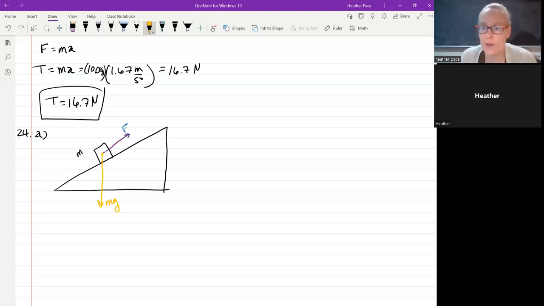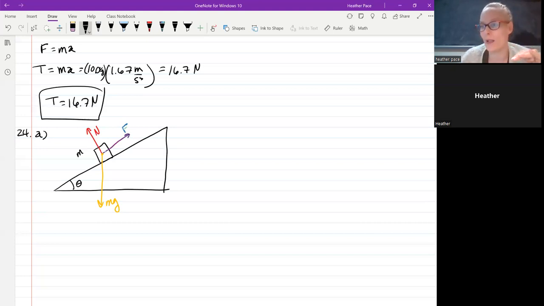So normal force is always going to be in the opposite direction of what you're sitting on, because electrons are just pushing you out. So normal force, let's do normal force red. Normal force goes straight up from the surface. What else do we have? So that's pretty much it. These forces are pointing in all different directions.